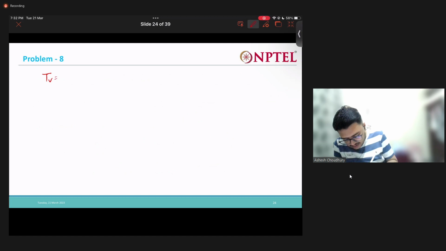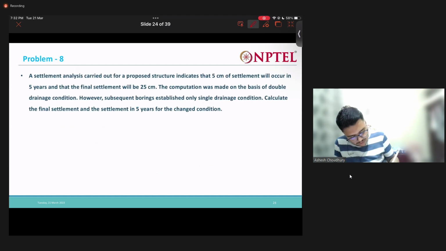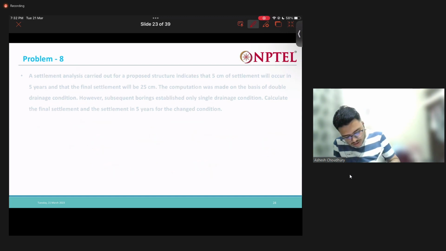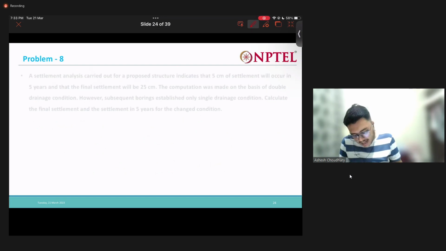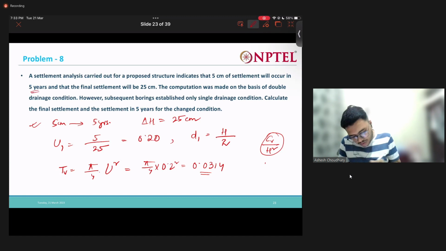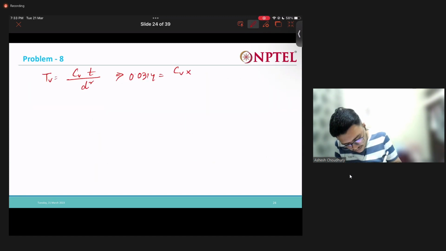Time factor is CV T by d square. This time factor is 0.0314. CV I don't know. Time, do I know the time? Yes, time is 5 years.